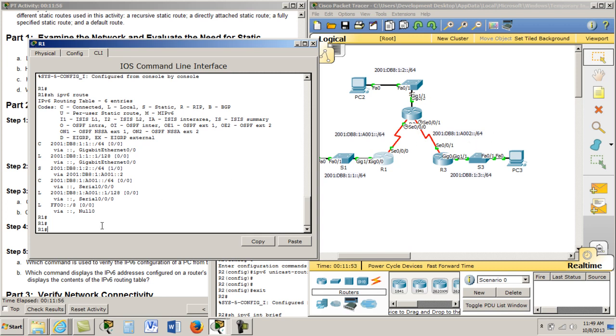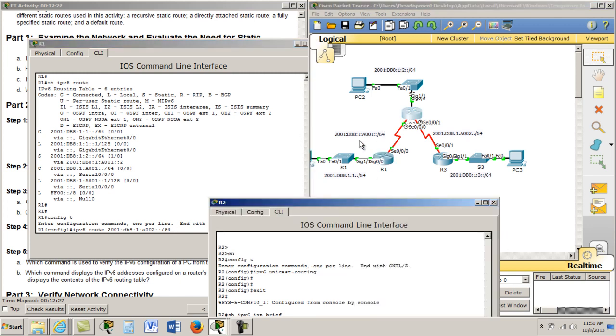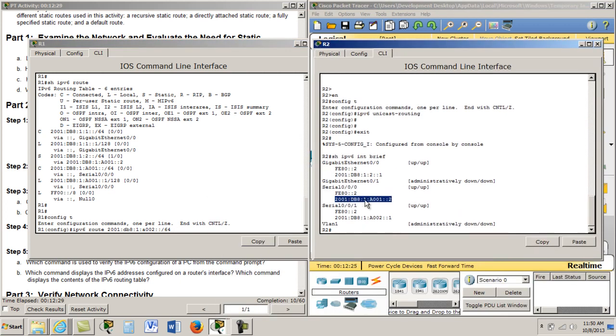So that's very simply, we go to global config mode, ipv6 route, and we're trying to reach the network 2001:DB8:1:A002::, with the prefix that indicates the network that we're actually trying to reach here, and then the next hop address. So again, we're going to go to this address.